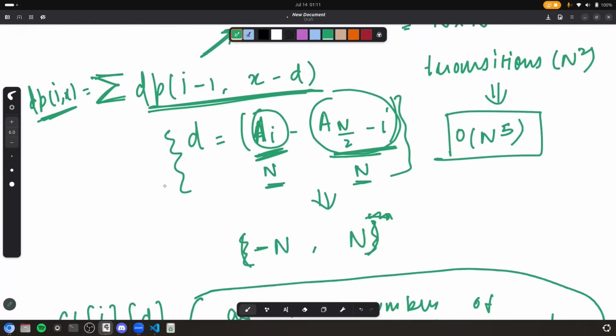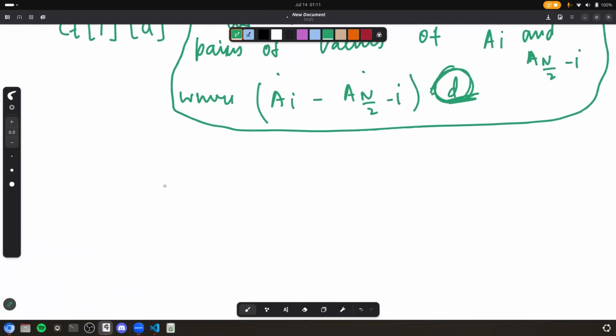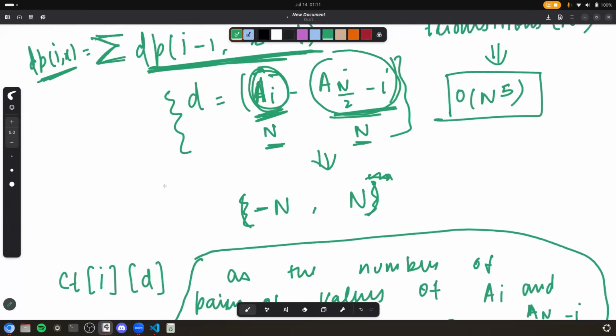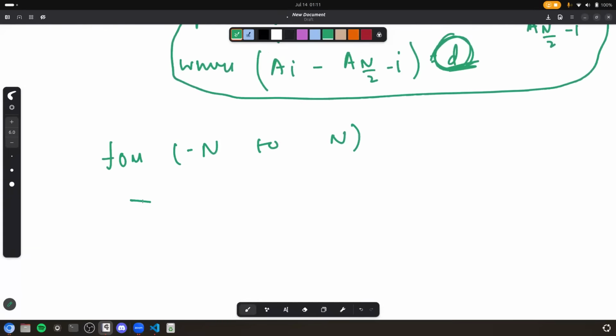So now we don't need to explicitly calculate this for all the pairs. What we can do instead is iterate from minus n to n and just sum it like this: sum of dp[i-1][current x minus d] times how many ways we can get the sum d.